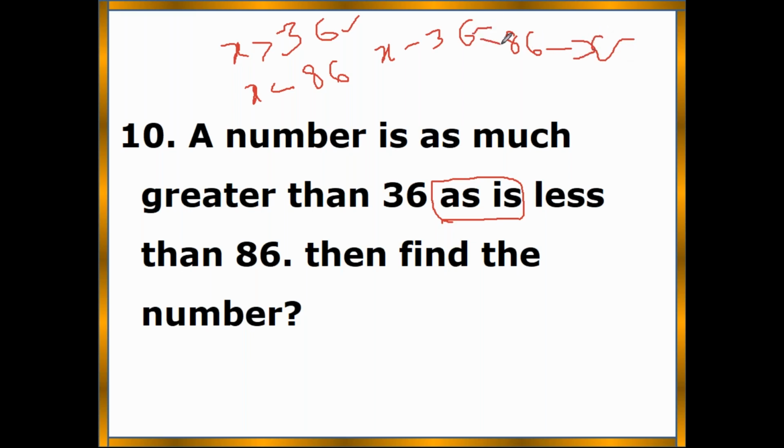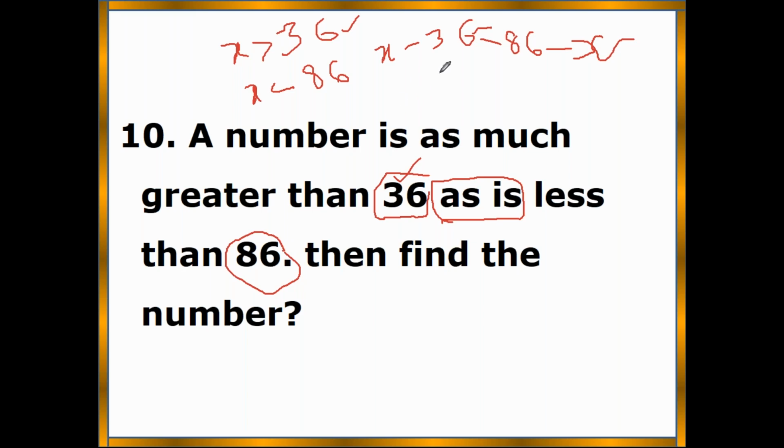So X minus 36 is equal to 86 minus X. Indirectly, that is the middle number between 36 and 86. We know how to find the middle number: 36 plus 86 by 2.